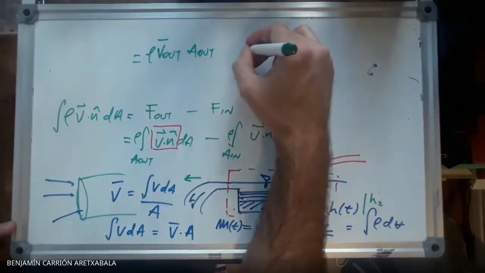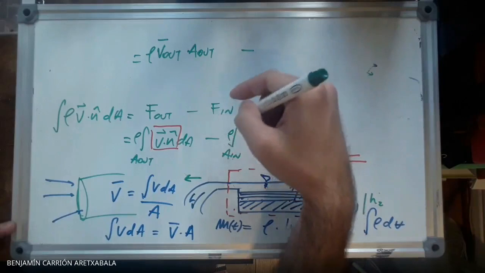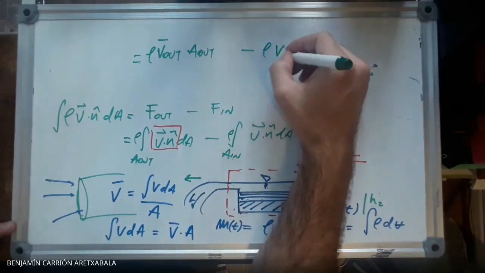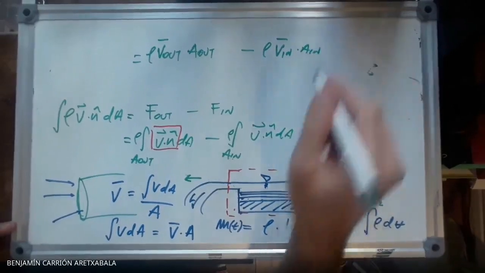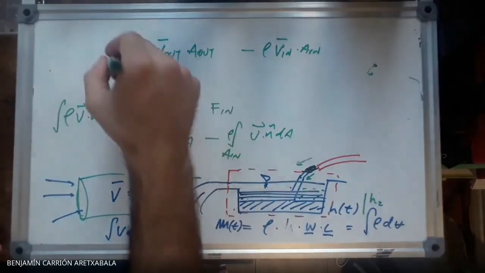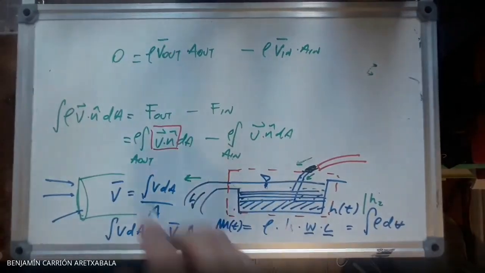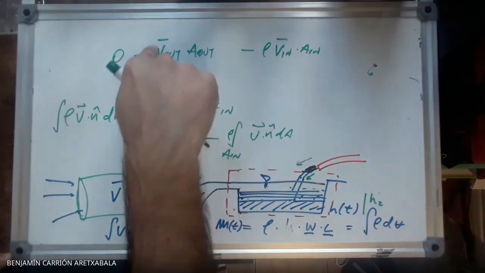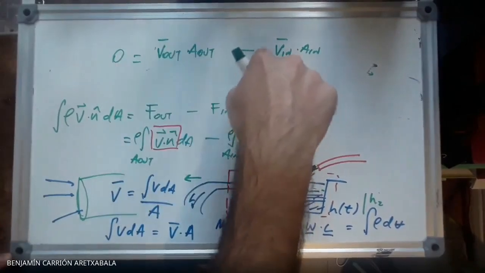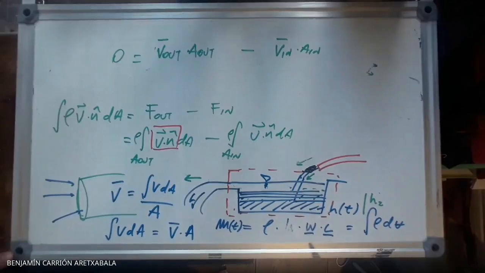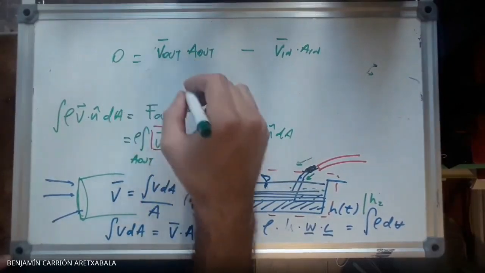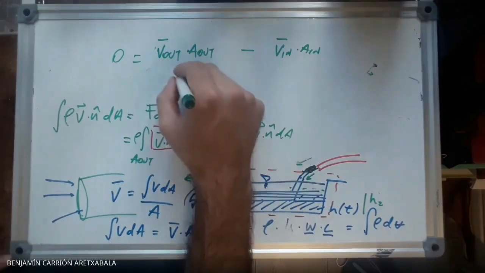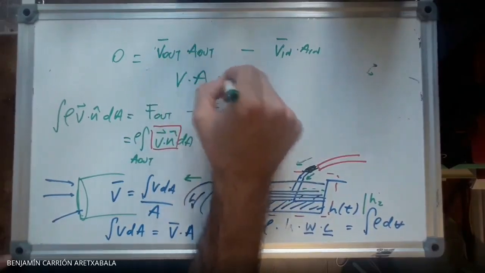And the flow in is rho V in, the average velocity in, times the area in. And this is 0 by definition. So we have rho at both sides. So what this is saying is that V over area has to be constant.